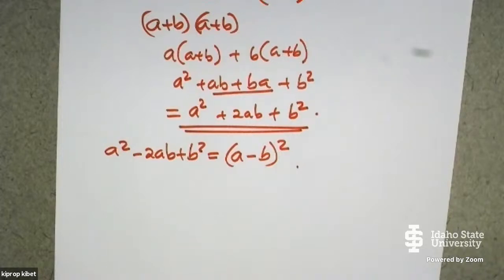So of course, the middle term is minus, and when you open the bracket, the last term is still plus.